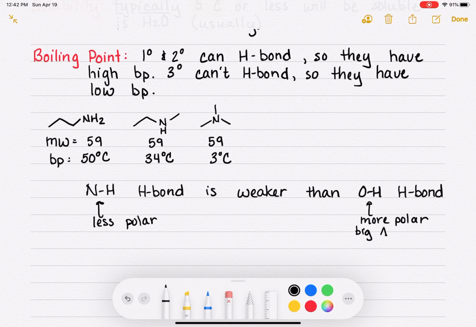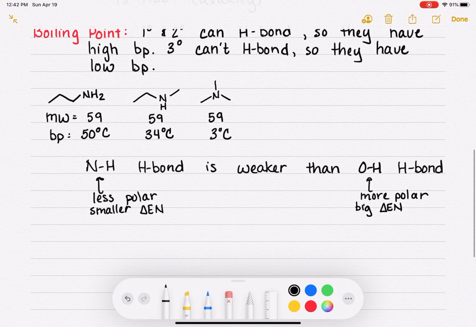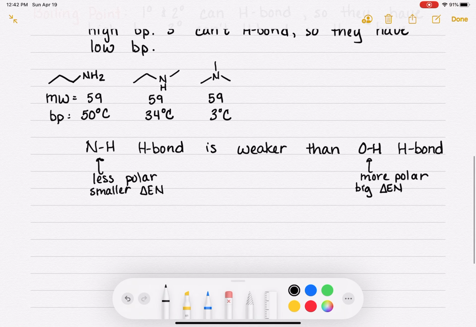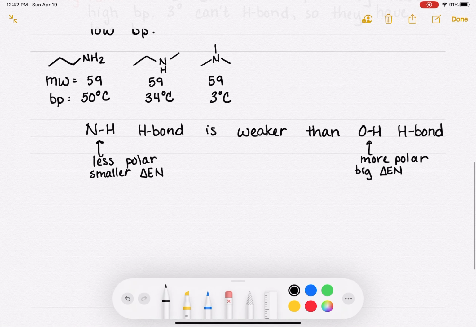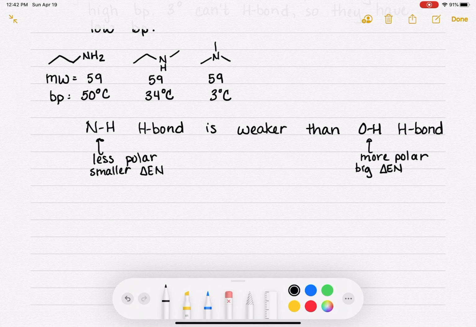So we've got a big difference in electronegativity, not small, but a smaller difference in electronegativity, which means that the attraction in the OH hydrogen bond is quite a bit more significant than what we see for a nitrogen-hydrogen bond. So what we're going to do next is just look at the difference in hydrogen bonding when it's an NH versus an OH.